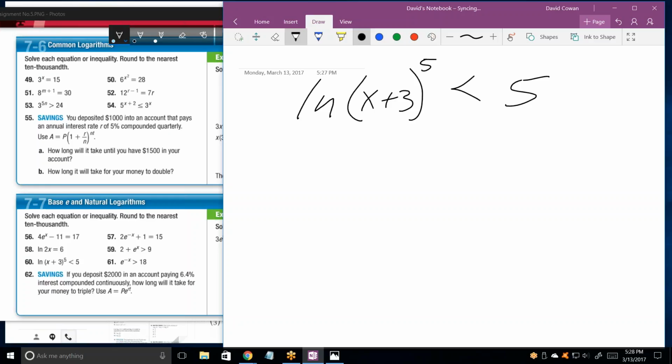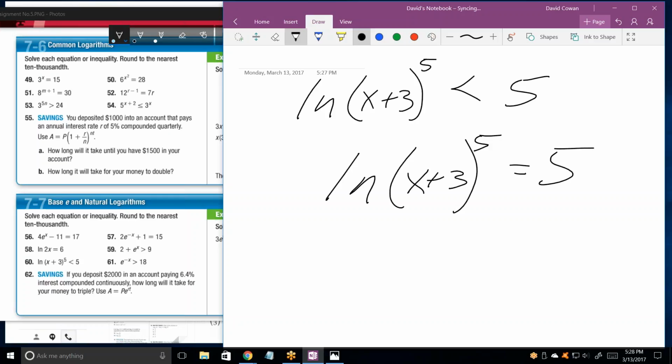You always solve it by doing the opposite. Let's start by pretending the problem is an equation, and then we'll figure out whether we can use the same logic on the inequality.